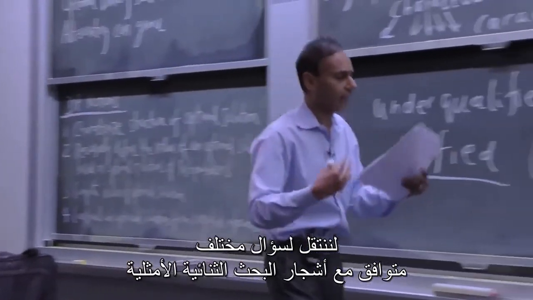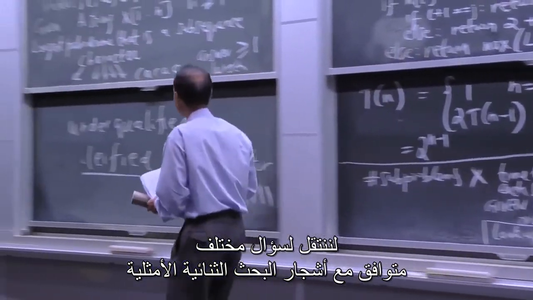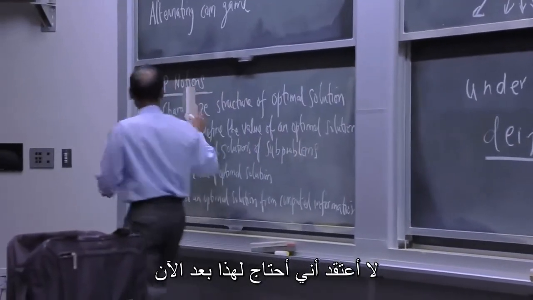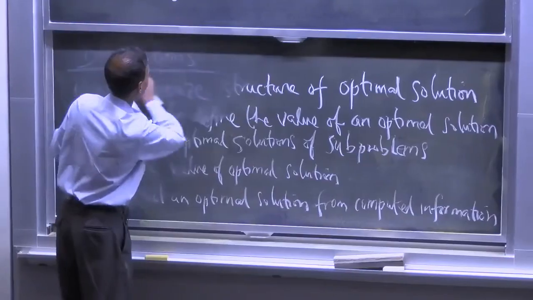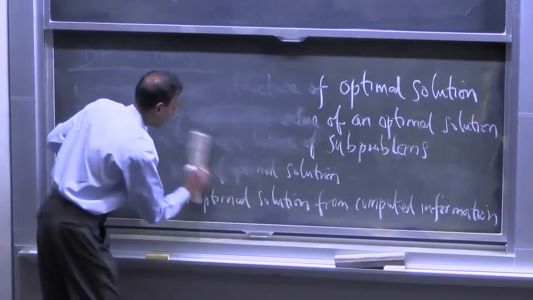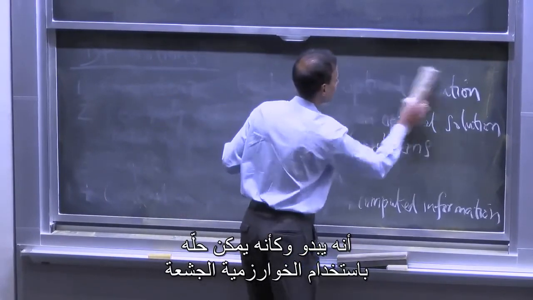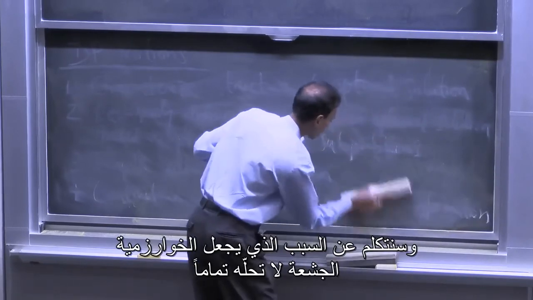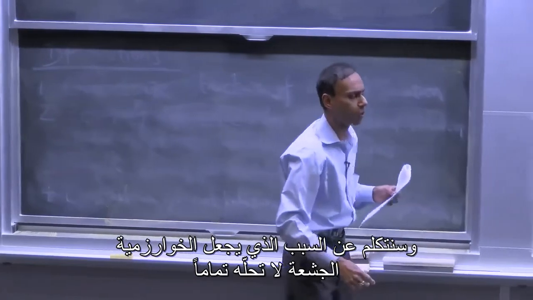Let's go to a different question corresponding to optimal binary search trees. It's a very different question. And it's kind of cute in its own way. One of the things that's interesting about this question is it seems like a greedy algorithm should work, and we'll talk about why the greedy algorithm doesn't quite work.